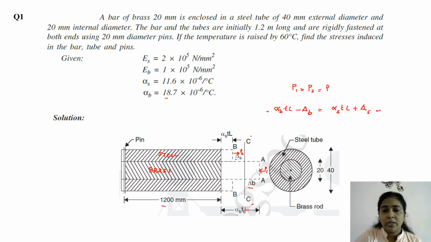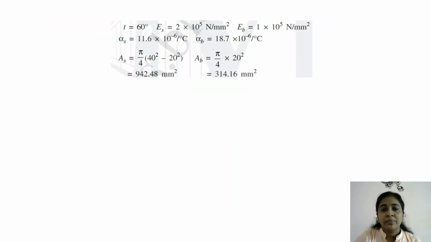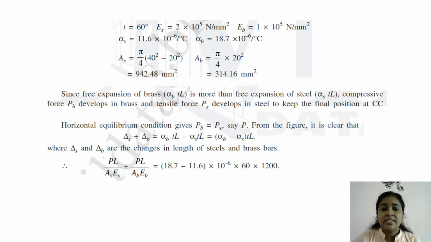We can equate these two and find out the force P, and from this we can obtain the temperature stresses. Then, in order to substitute in these expressions, we can find out the areas and all these things. Then substitute in this expression: delta S plus delta B is equal to alpha B into T into L minus alpha S into T into L, that we obtained here, that is equal to alpha B minus alpha S into TL.